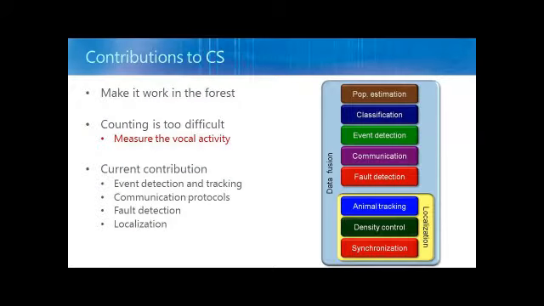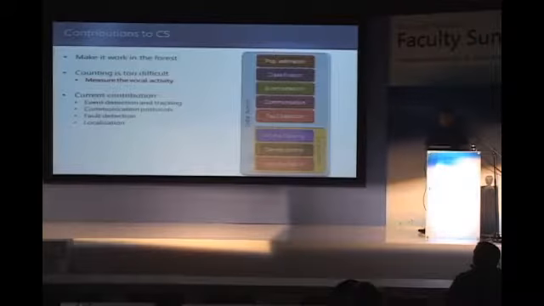During this research, we have been making a lot of contributions to sensor networks, in general to computer science in the field of sensor networks, related to trying to make it work in the forest. The counting problem is also very difficult. What we are trying to do is to measure the vocal activity now, and based on that vocal activity, we are planning to estimate the frog population.